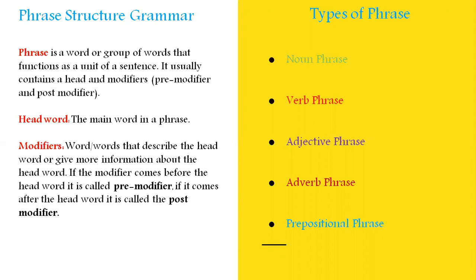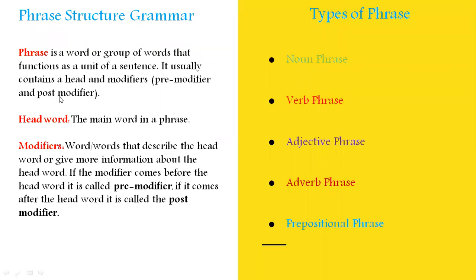And boy is a noun, that is why it is a noun phrase. A small, these are the two words which are called pre-modifiers. Why are they called pre-modifiers? Because they occur before the head word or before the noun in this example.